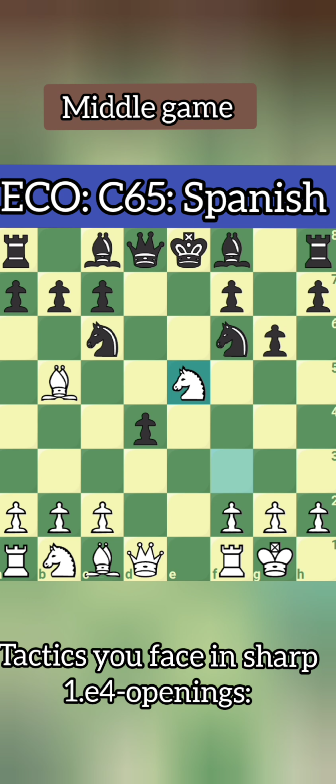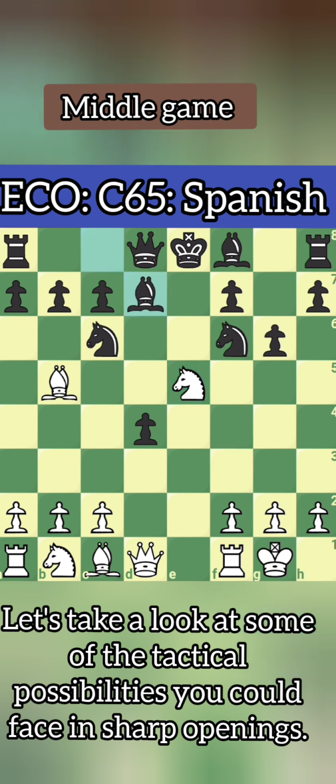Let's take a look at some of the tactical possibilities you could face in sharp openings. Bishop d7 is one move black has here, and the other move that black has is queen to d5. We're gonna take a look at queen to d5 first. Queen d5 runs into knight captures on c6.